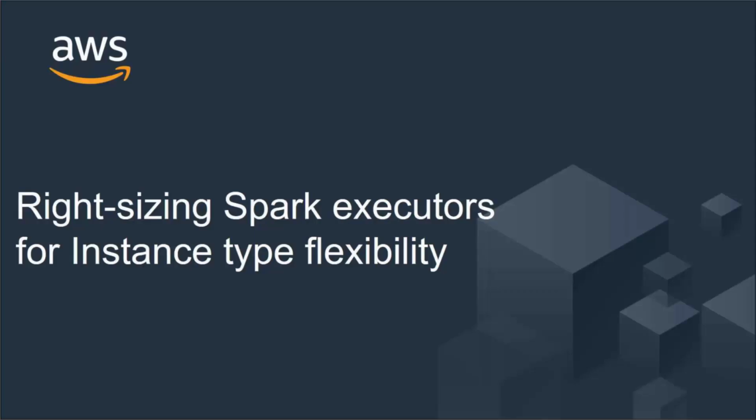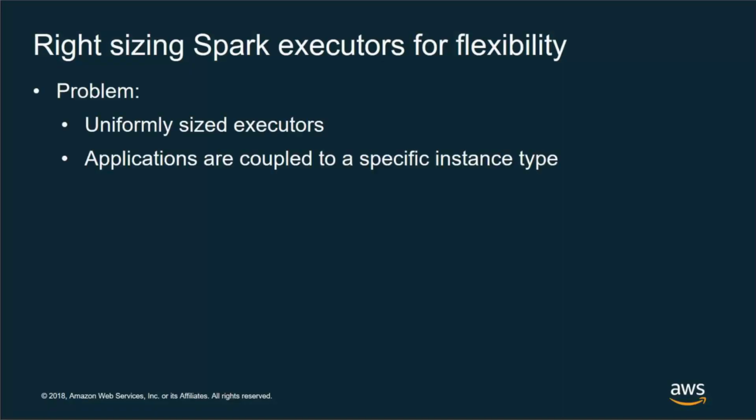I'm talking about multiple instance types in an EMR cluster, and for that we need to be flexible with the size of the executors. Let's dive a bit deeper into what that means. The problem is that when we run our Spark applications, the Spark executors have a uniform size, right?